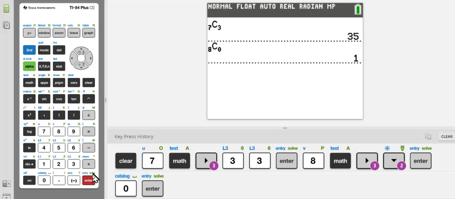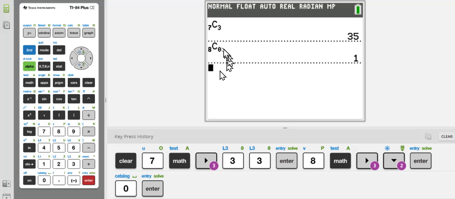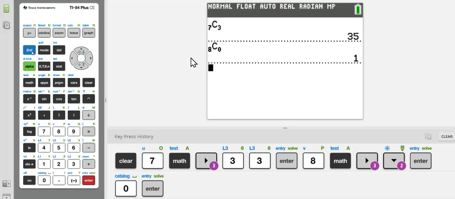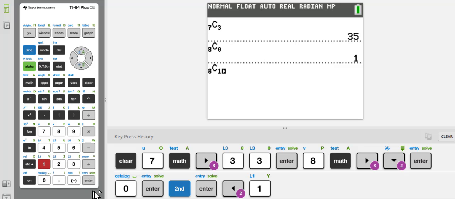I'm going to do the same thing, but instead of going through all those steps, I just want to copy that entry so that I can edit it. You do that using the entry button: second and enter gives you entry. It copies it over and you can backspace and change that to a 1.